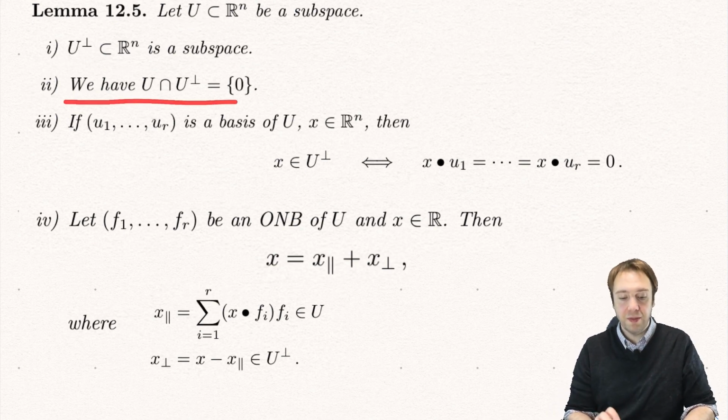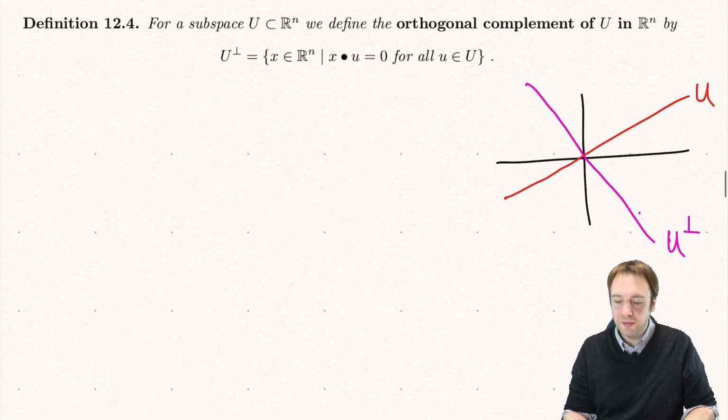Then the second statement: the only element which is in U and in its orthogonal complement is just the zero vector. Like you can see in this example, the intersection of these two spaces is just the zero vector.